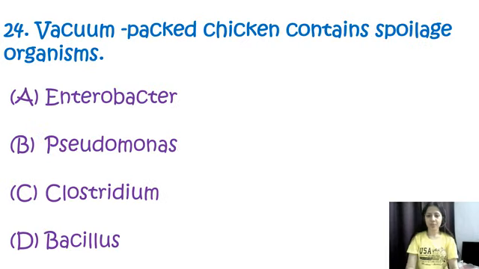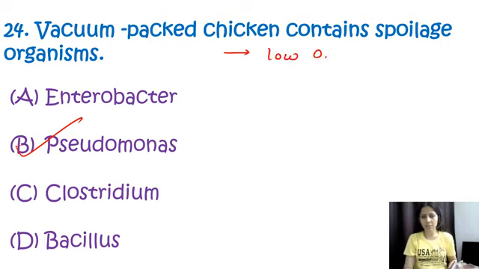Question number 24. Vacuum packaged chicken contains spoilage organisms: Enterobacter, Pseudomonas, Clostridium or Bacillus. So over here my correct option will be Pseudomonas species. These Pseudomonas species are commonly associated with the spoilage of vacuum packaged meats, including chicken. This bacterium can thrive in a low oxygen environment, such as a vacuum package.